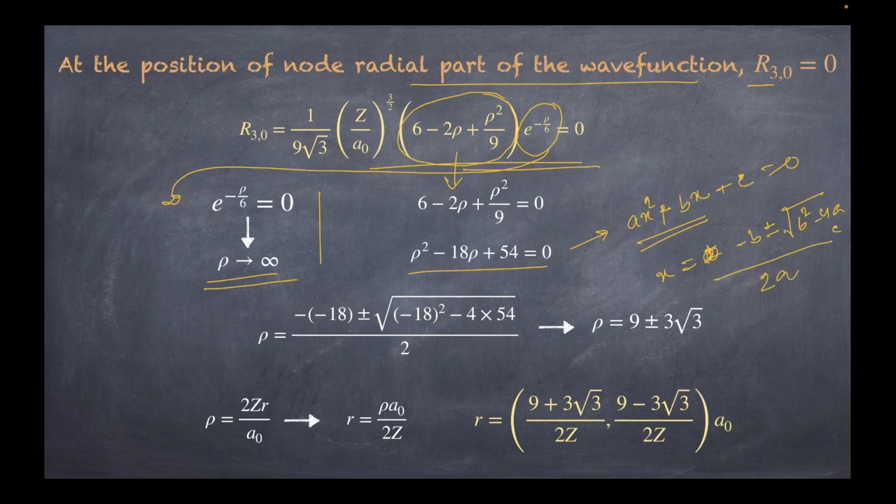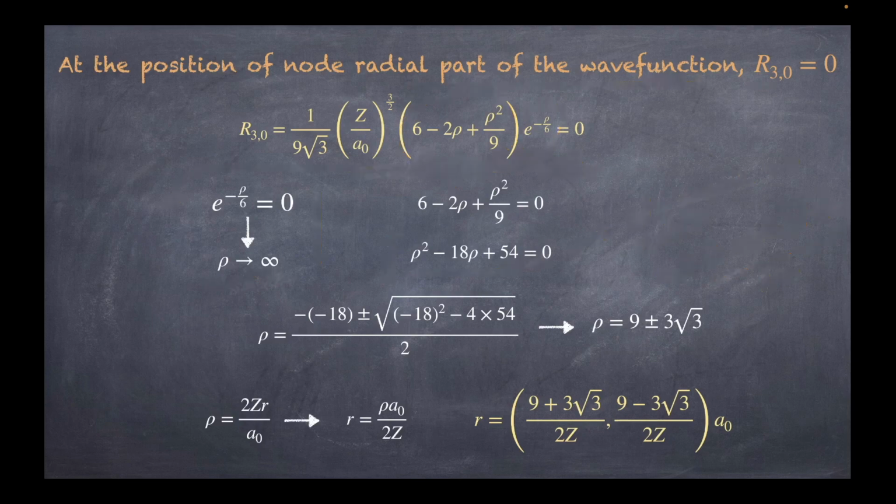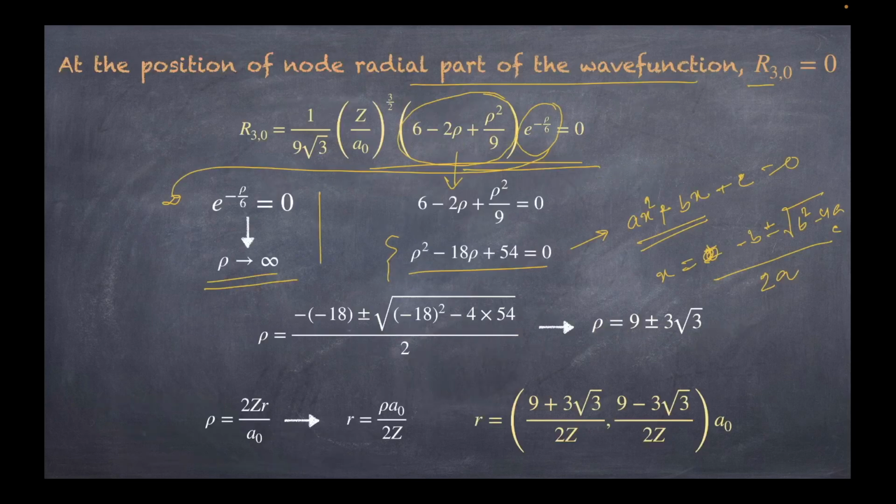So we can use this expression to solve this equation, where rho equal to minus of minus 18 plus minus root over of 18 square minus 4 times 54 times 1 divided by 2 times 1. So we can get rho equal to 9 plus minus 3 root 3.